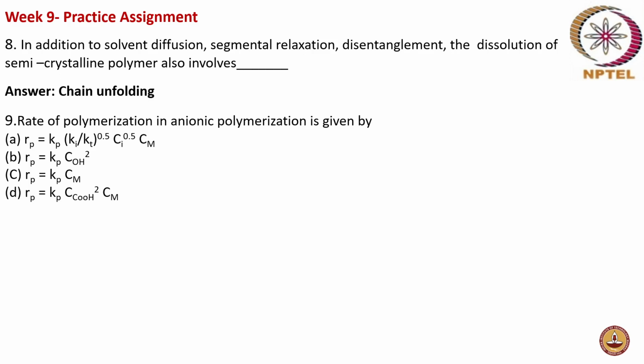Option C is for living polymerization, that is Rp equal to Kp into Cm. So it is not in general for living polymerization, but it is more of a generic formula for anionic polymerization, because cationic polymerization, as I discussed in the recap, follows a different rate. So option C is the right answer.